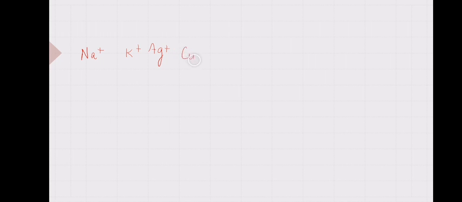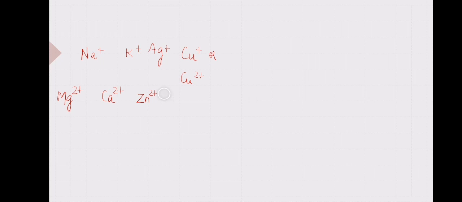And copper has two valencies. It can either have Cu plus or it can have Cu2 plus. Now coming to magnesium. Magnesium has a valency of 2, so it is usually written as Mg2 plus. For calcium, it also has 2 plus valency. For zinc, 2 plus.